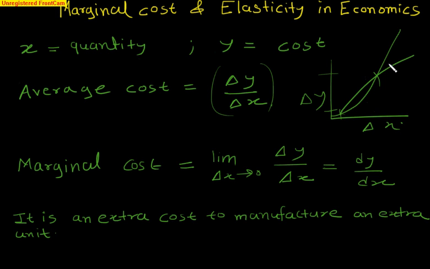If you find the slope of this average line, it is the average cost. And if you try to find the slope at exactly this point, it is nothing but marginal cost, or the slope of this tangent. Marginal cost is nothing but the extra cost to manufacture an extra unit. The average cost is the cost between two points.